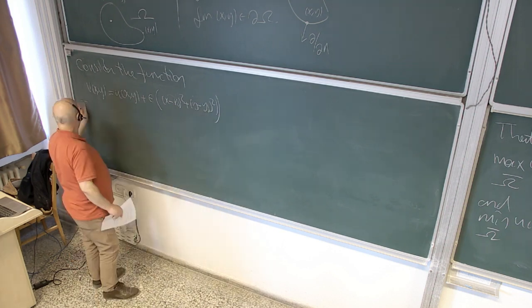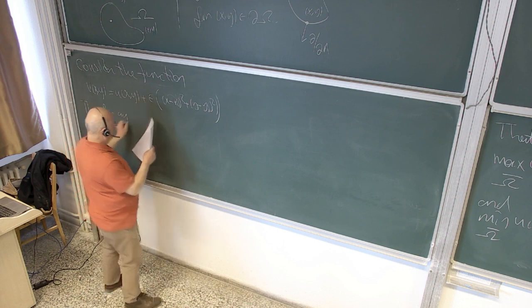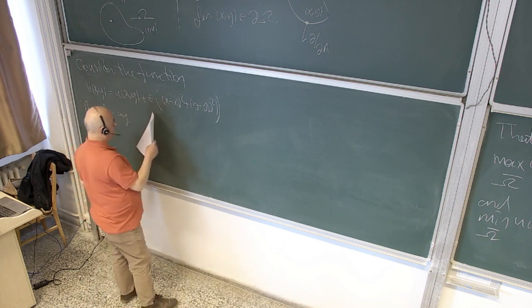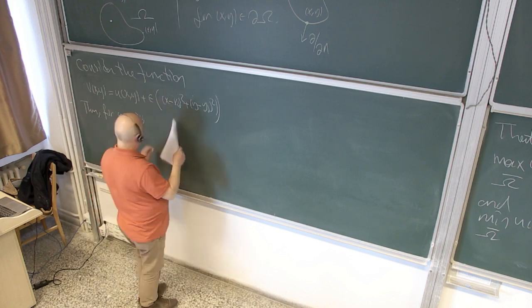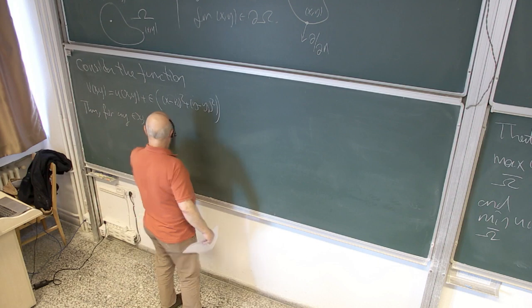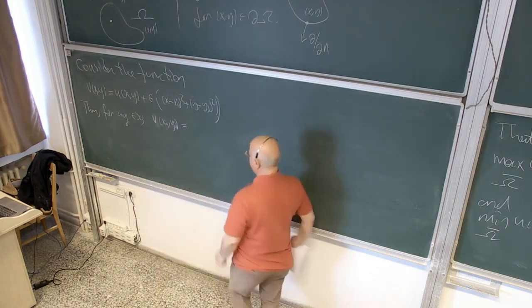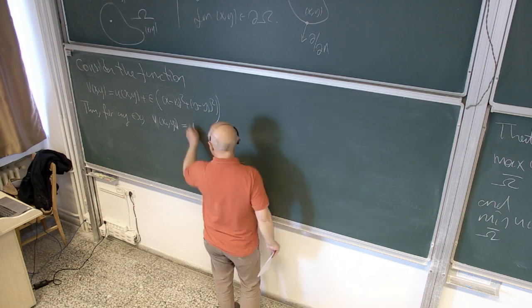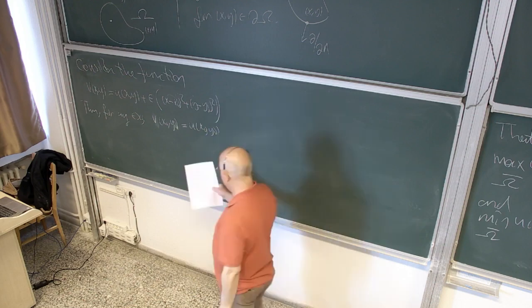Then for any epsilon positive, v x0 y0, bu fonksiyonda x0 y0'yu koyarsak u x0 y0'yu buluyoruz, because this is 0 at that point.